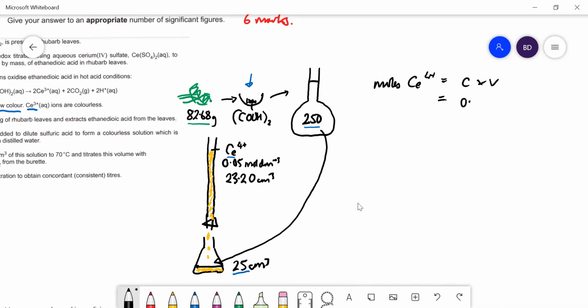So 0.05 moles per decimeter cubed, multiplied by the average titer, which was 23.2 centimeters cubed over 1,000. There's a volume in dm cubed. So that gives us a number of moles of cerium 4 plus of 1.16 times 10 to the minus 3. Okay, so now we have to do the moles of the ethane dioate.